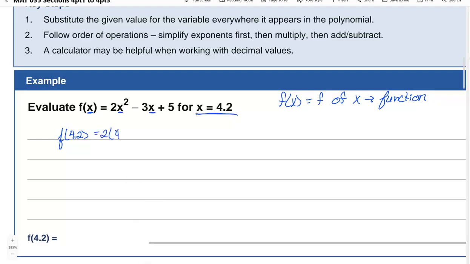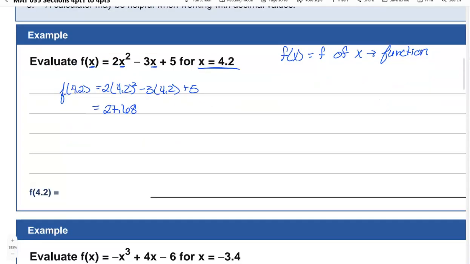So I'm going to have 2 times 4.2 squared minus 3 times 4.2 plus 5. And I'm literally going to use my calculator and type it in just like that. And when I do that, I did that off screen. I got 27.68. So that's going to be a corresponding y value for that particular x value on that particular graph.